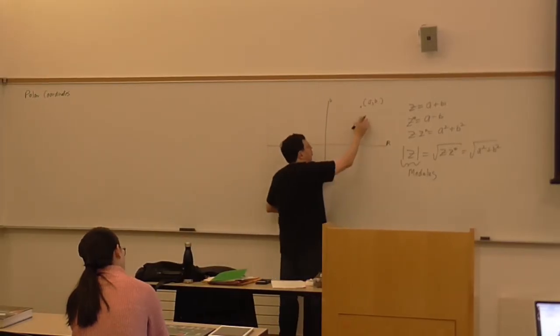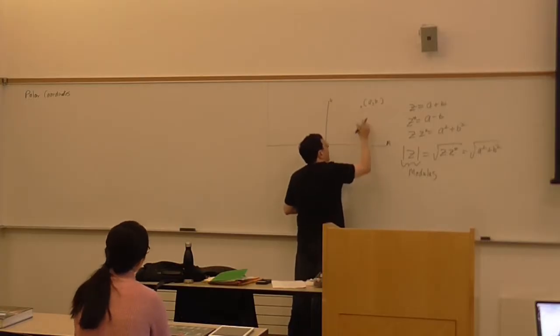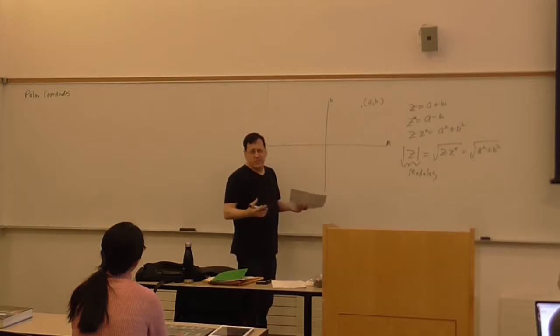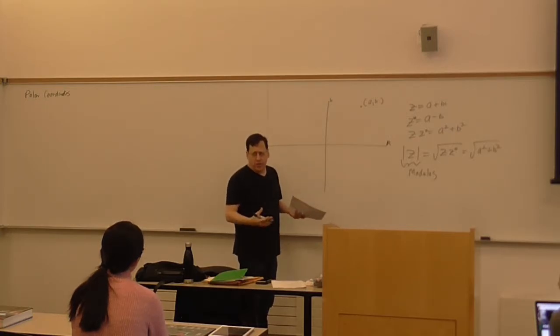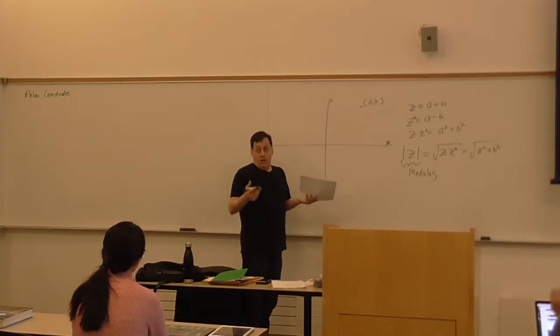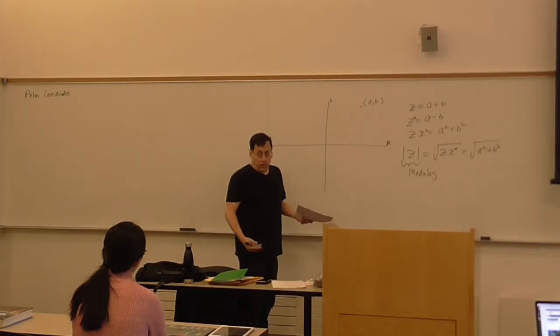Okay, so again, we map this out, this complex number, on a Cartesian coordinate system, even though we're not talking about x and y. We could, however, use polar coordinates.